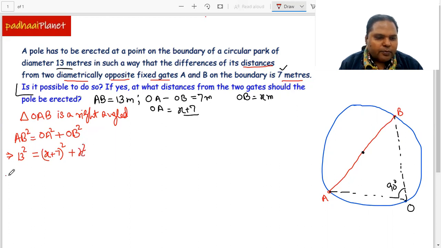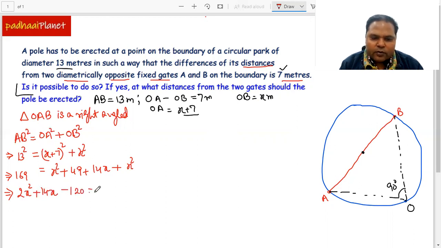Now let's expand it. So this is 169 equals x square plus 49 plus 14x plus x square. Now, keeping everything on one side, if we simplify it further, what we get is 2x square plus 14x minus 120, and that's equal to 0.